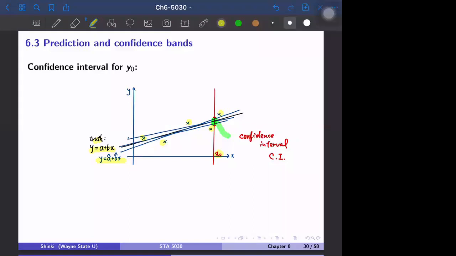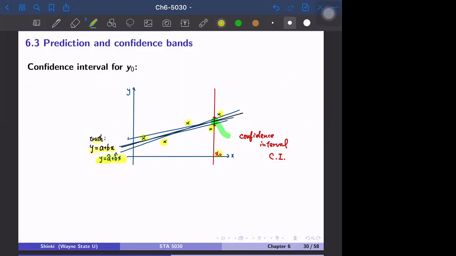So given data points, such as these 5 data points, we can estimate the regression line. That is y is equal to a hat plus b hat x here. And this regression line depends on the data. So if data changes, then the regression line changes.